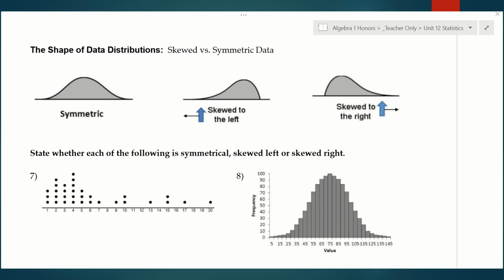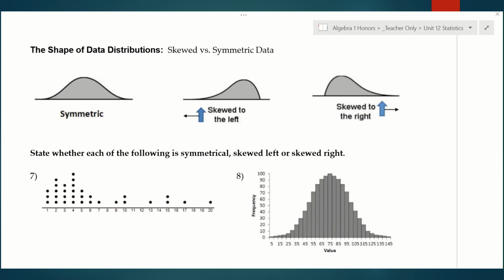We talked about how sometimes box and whisker plots are symmetrical. We talked about how sometimes dot plots are symmetrical. What we didn't talk about is what it meant if it wasn't symmetrical. We just called it non-symmetrical, but it's actually called skewed.